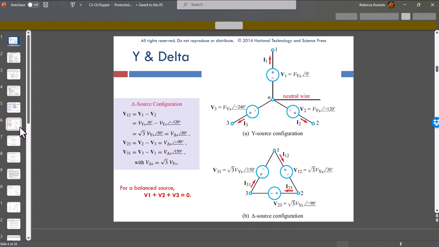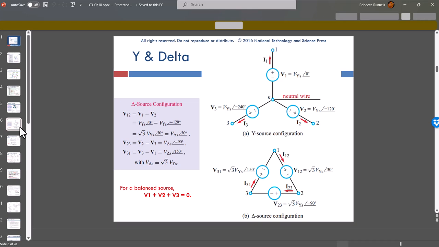So it doesn't really matter which one you label as which.